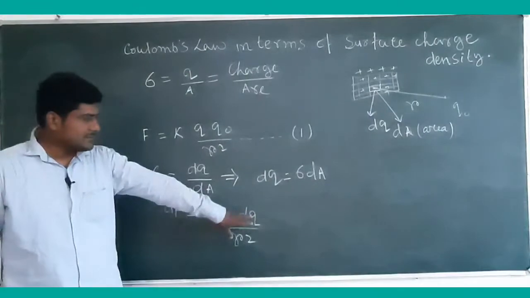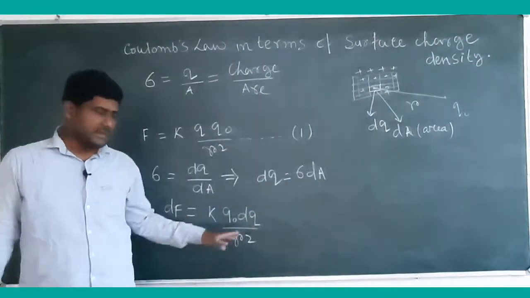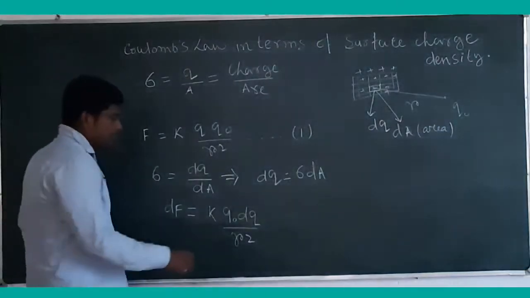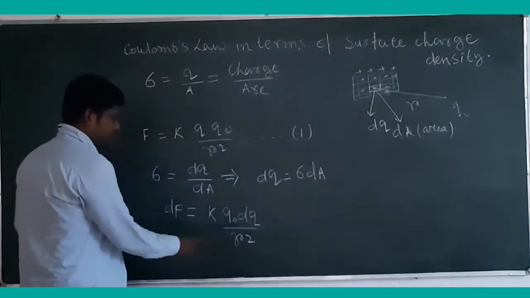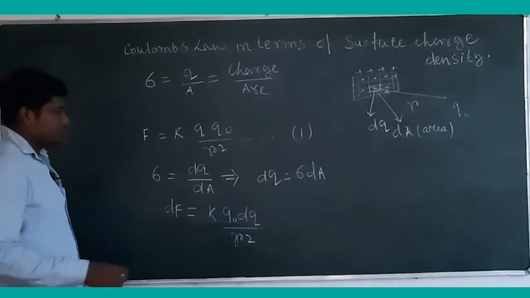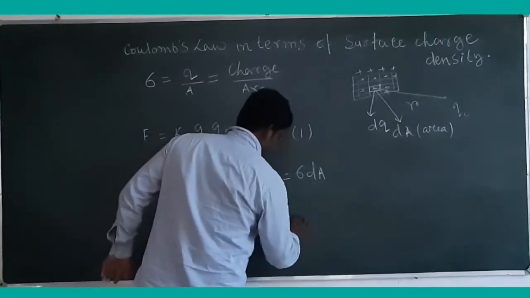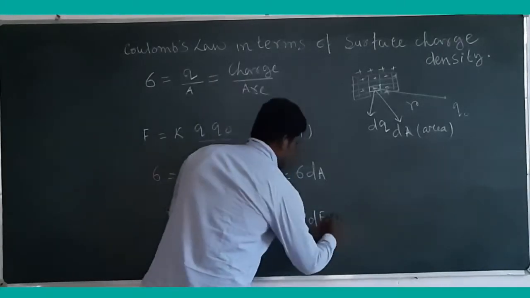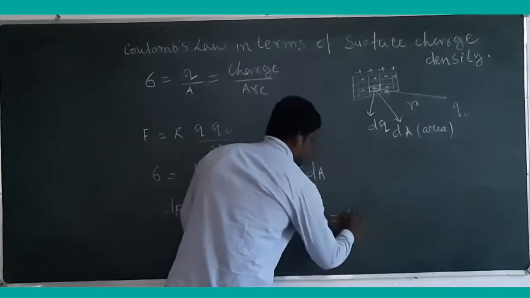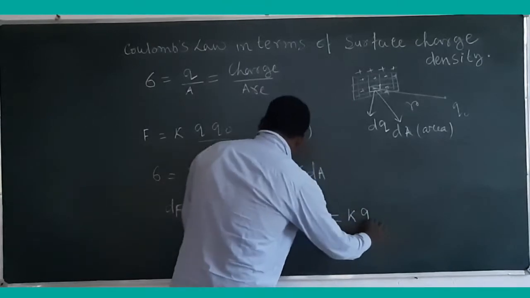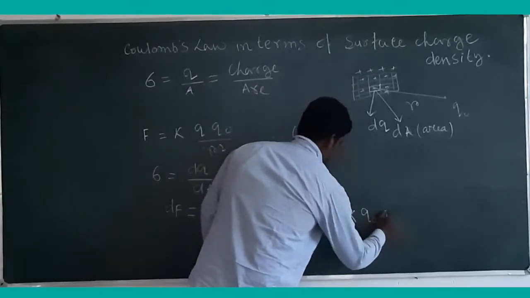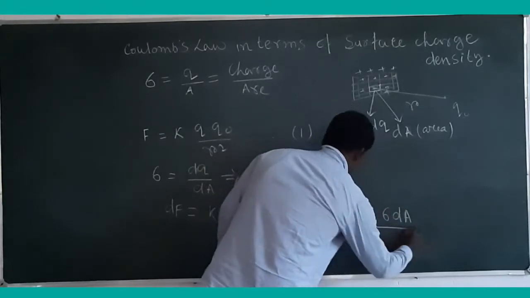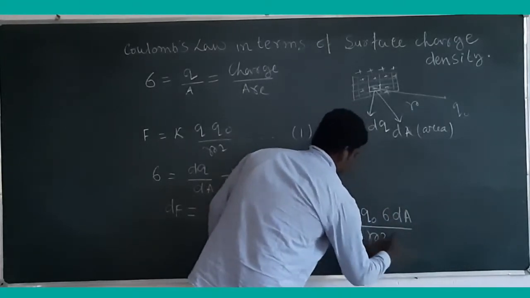Now you have to place the value of dq from this equation into this equation of dF. Now we will put the value of dq in this equation and we will obviously get dF equal to K Q0 sigma dA by R square.